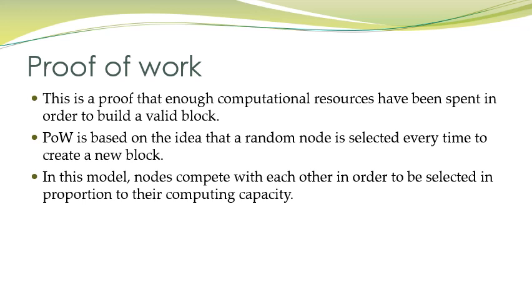So proof of work is based on the idea that a random node is selected every time to create a new block, and this random node needs to solve the mathematical puzzle. For solving the mathematical puzzle, the node has to spend a lot of computational resources, and this is the mechanism showing that the node has spent enough resources.